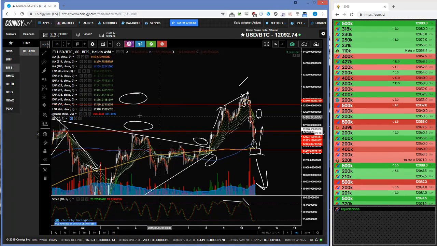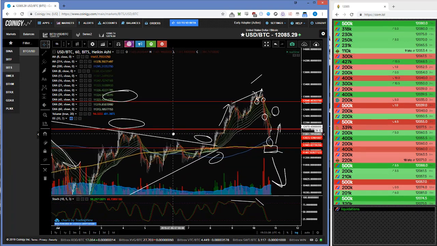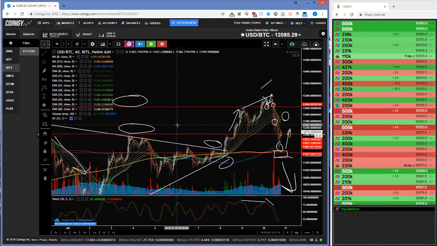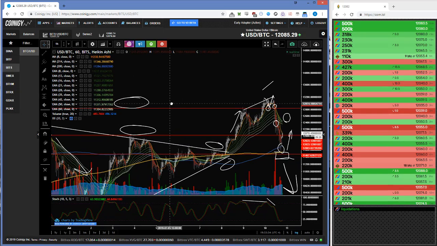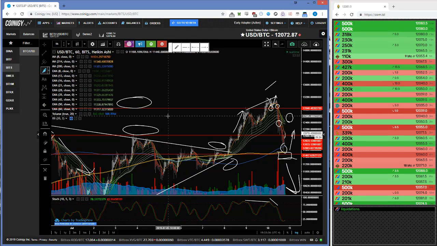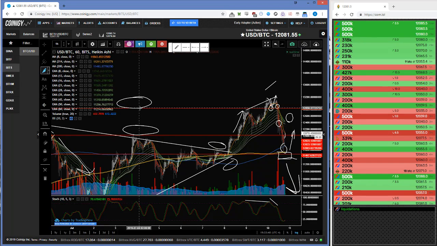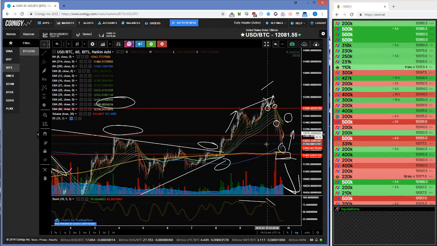These are like liquidity pools for big players. So if the price is close to these levels, usually they're going to go to them. And especially, people will have their liquidation level here as well because they think it's safe. And that's exactly where price will go.